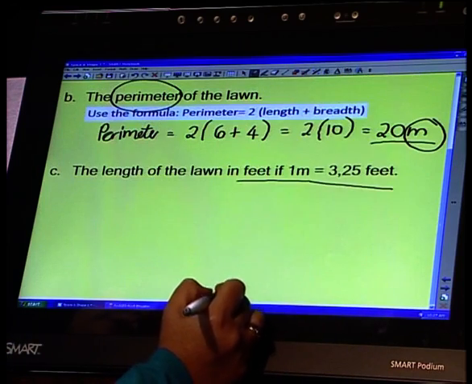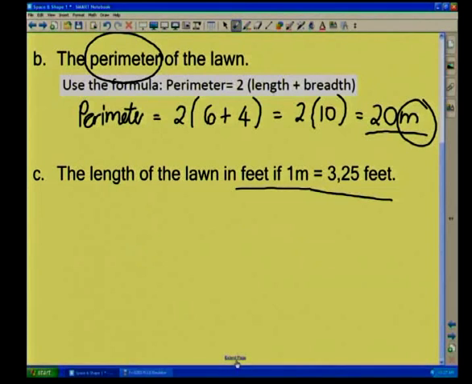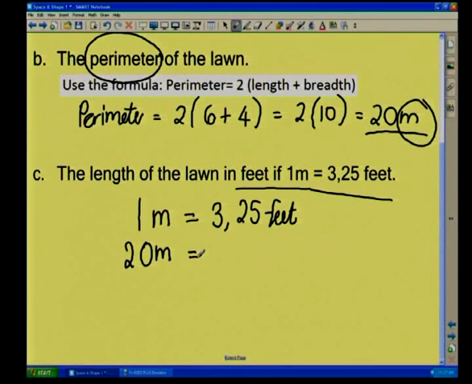Let me extend my page so I've got some space to work. Writing down the information I've been given first. 1 meter is equal to 3,25 feet. I want 20 meters. So that's going to be 20 lots of 3,25.